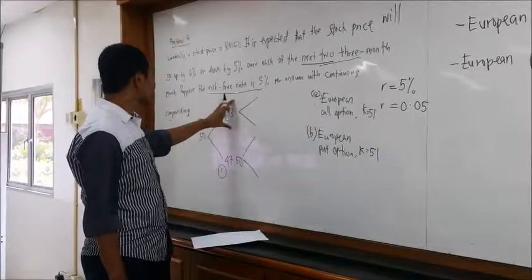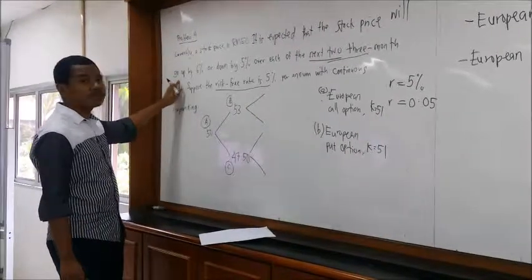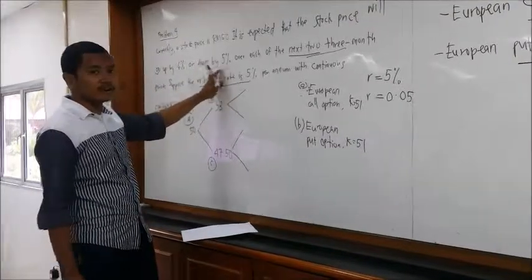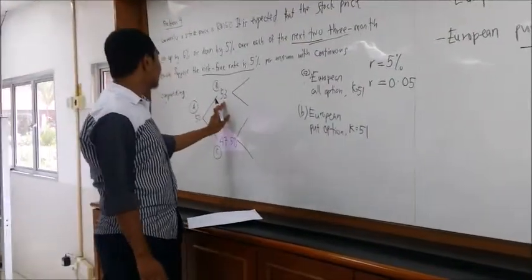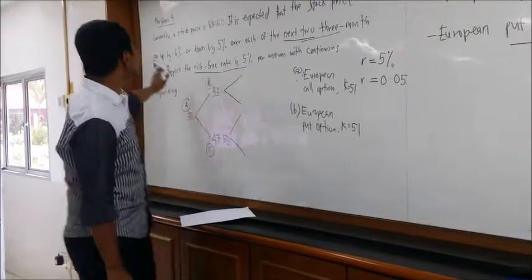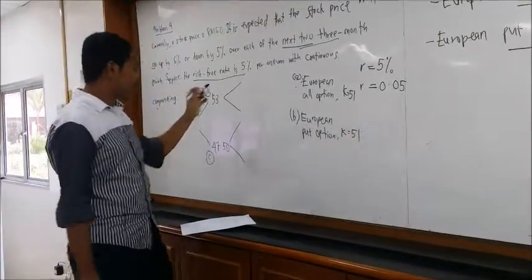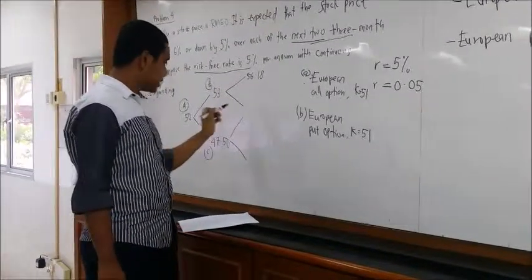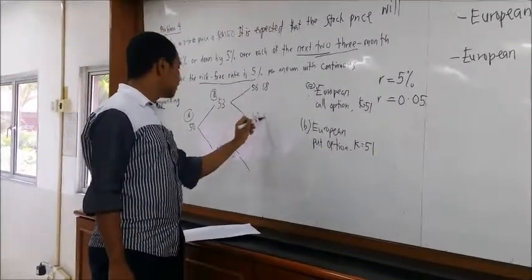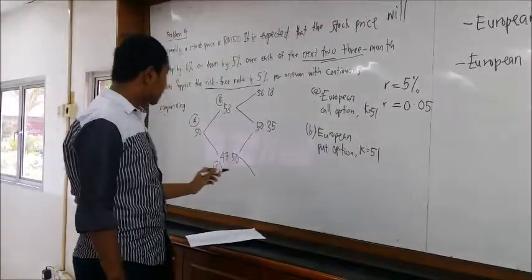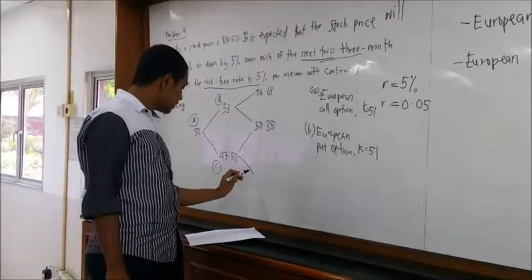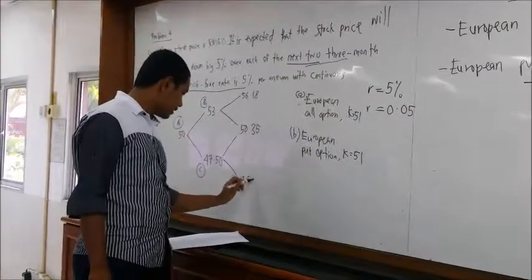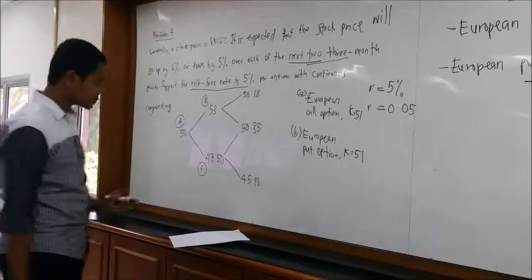The magnitude of the up jump is 6% and the down jump is 5%, so for 53 with 6% up, we get 56.18, and this is 55, and going down 5%, we get 45.30.